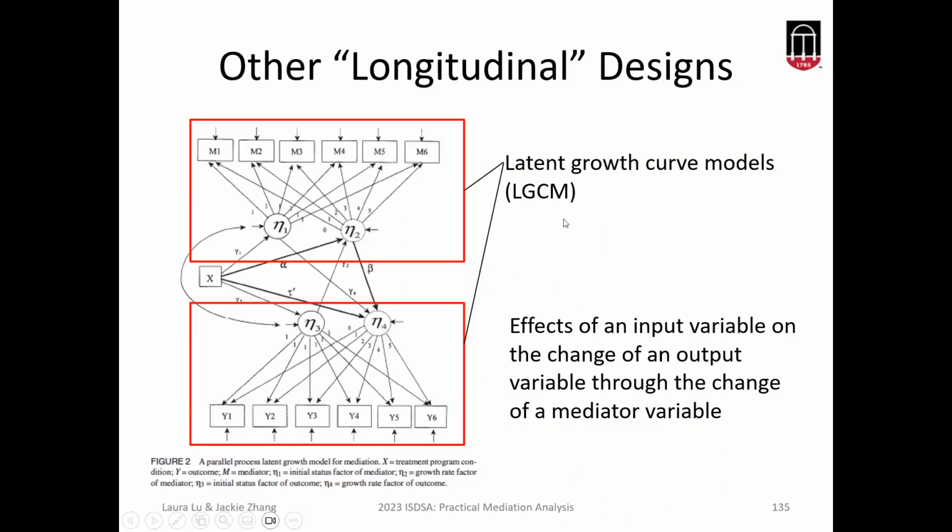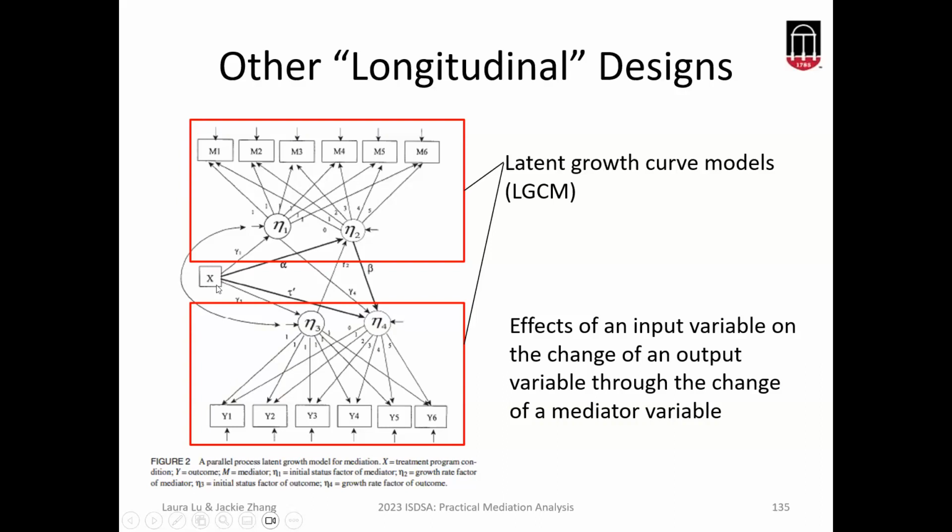And we can also have a latent growth curve longitudinal mediation. In this case, we have M here. M is observed. We can have a latent intercept and latent slope. And for the Y dependent variable, we can also have a latent intercept and latent slope. Then we look at the mediation of these latent variables instead of the observed variables.